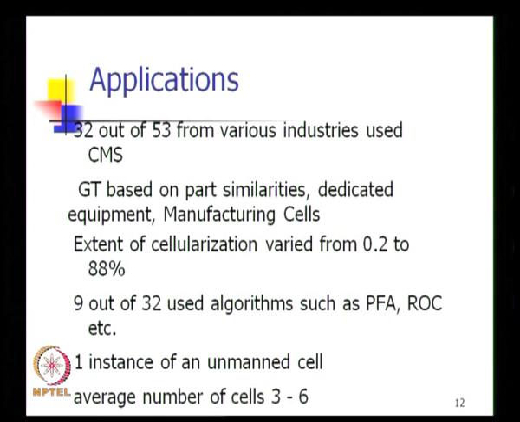Some important things are the extent of cellularization varied from 0.2% to 88%. Now, extent of cellularization means the percentage of business, or in terms of money value or dollar value in that case, that was generated out of products made in cells.